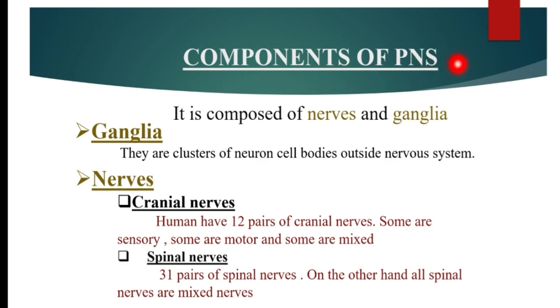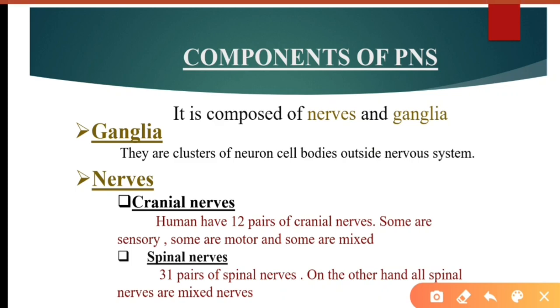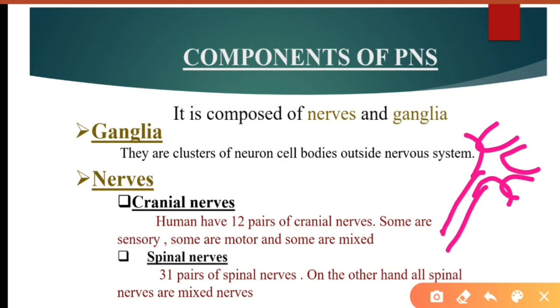Components of peripheral nervous system. It is composed of nerves and ganglia. Ganglia, these are the clusters of neuron cell bodies outside the central nervous system. Cluster means accumulation of cell bodies outside the central nervous system.